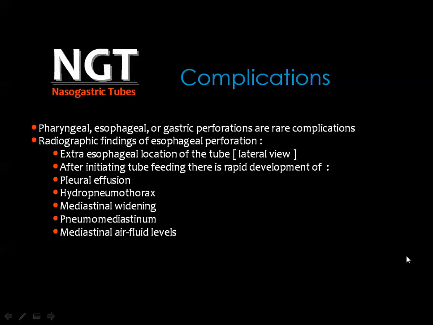Then also, if the tube is located in the pharynx, in the esophagus, it may result in pharyngeal or esophageal or gastric perforation. These complications are, of course, rare. Radiographic findings of esophageal perforation, which is a hazardous complication: extra-esophageal location of the tube.